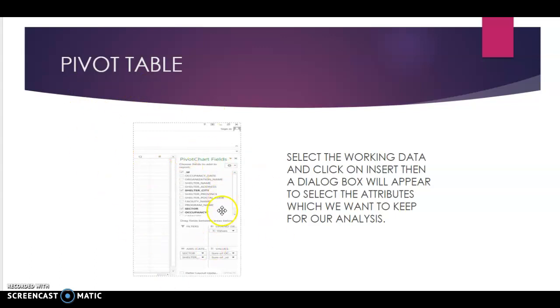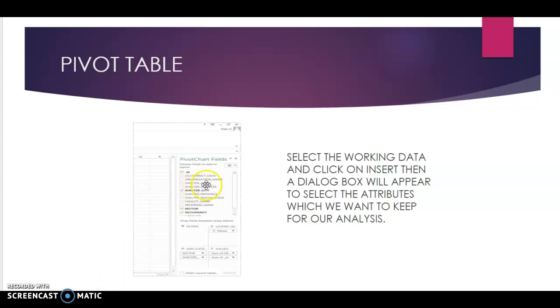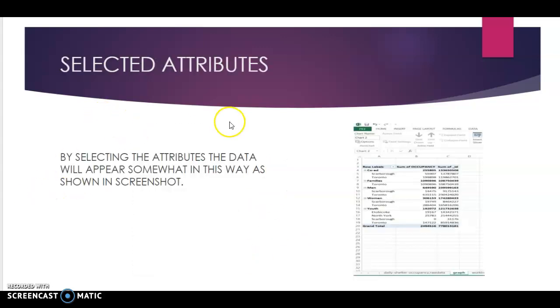The dialog box will appear as I have added in the screenshot, and from this dialog box we have to select the different attributes that we want in our project. So I have added the ID, shelter city, and sector occupancy. These are ticked, I can see clearly. So after selecting this, our data will look like this, in the screenshot.